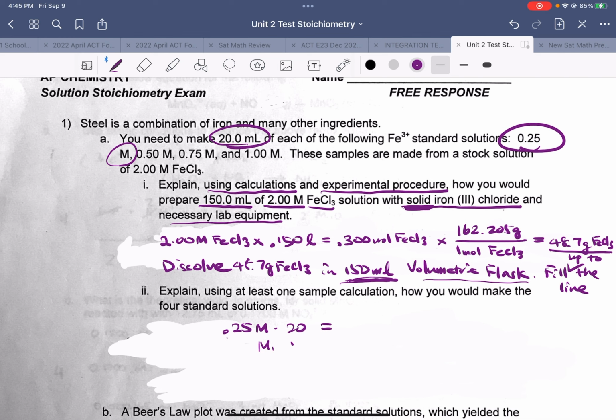So M1V1 is M2V2, right? So 20 milliliters of 0.25 molarity, but what you have is 2 molarity times your V2.